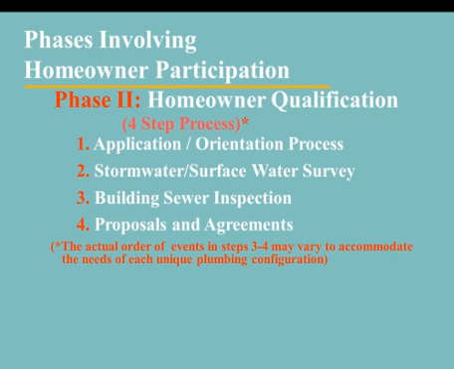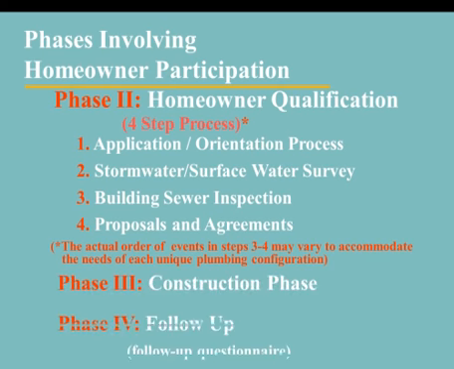If access does not exist into the sewer, there are funds available to make that happen. And in that case, we'll be leapfrogging around between 3 and 4. And the construction phase and follow-up.